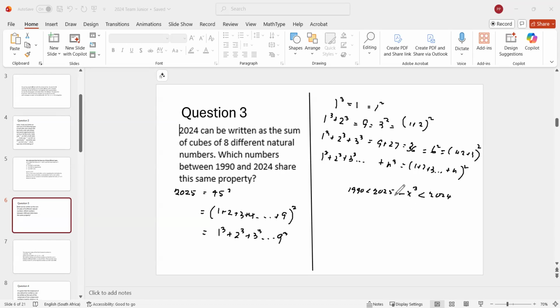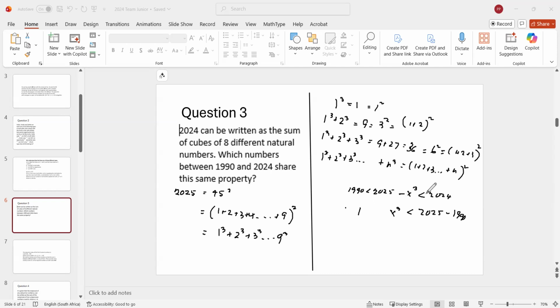Now, you can make x cubed the subject here. You bring x cubed to the other side, then you get 2025 minus 1990. And if I take x cubed to this side, then I've got 2025 minus 2024.